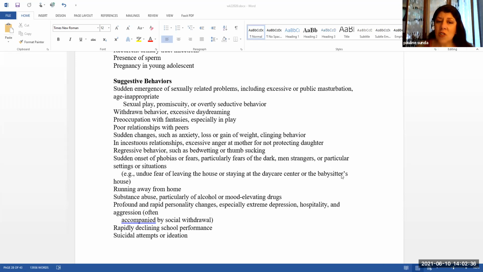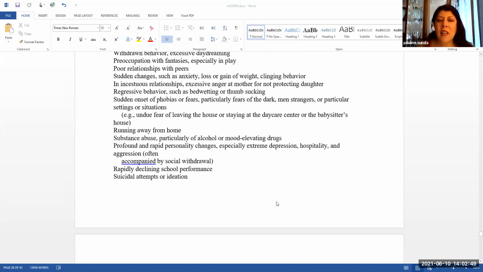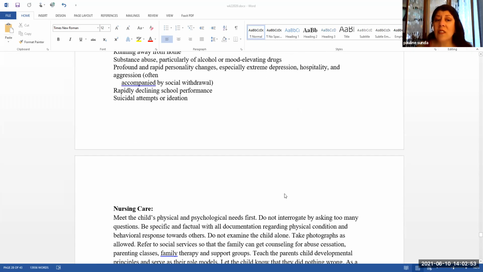In incestuous relationships, there can be excessive anger at the mother for not protecting the daughter if it was a girl. They can have regressive behaviors. They may run away from home. They can have a decline in school performance, and they can even be suicidal, so they can try and kill themselves.